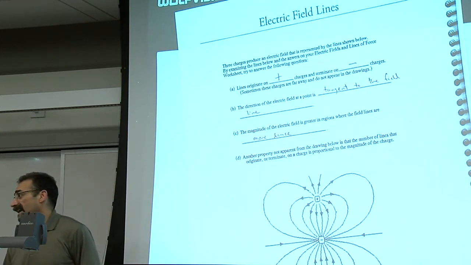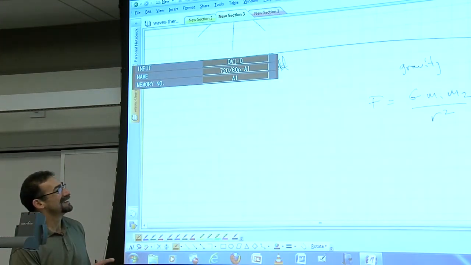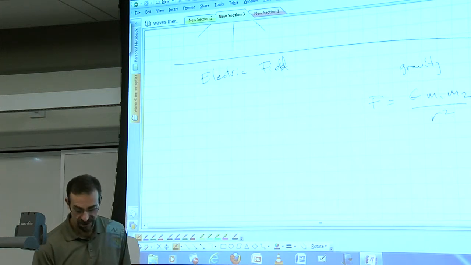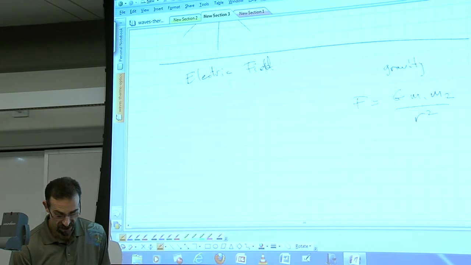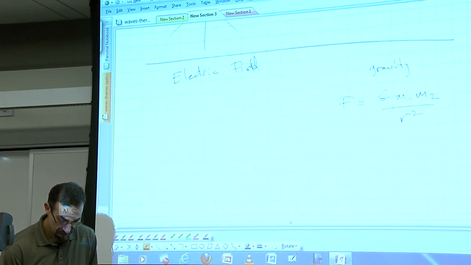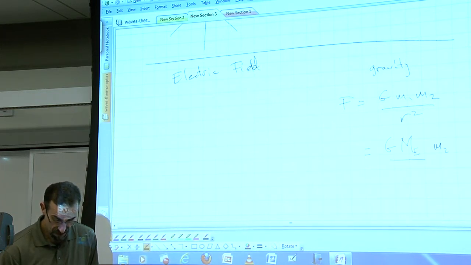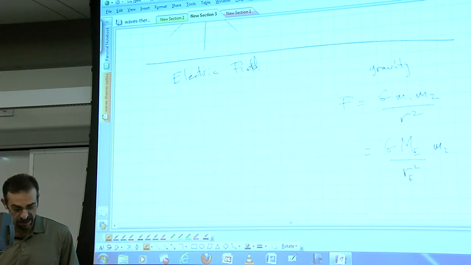Every time we wanted to calculate the weight of something on the surface of the Earth, we got tired of this G m1 m2 over r squared, where m1 is the mass of the Earth, m2 is our object of interest, and r squared is the radius of the Earth squared. We got tired of doing that calculation every time.